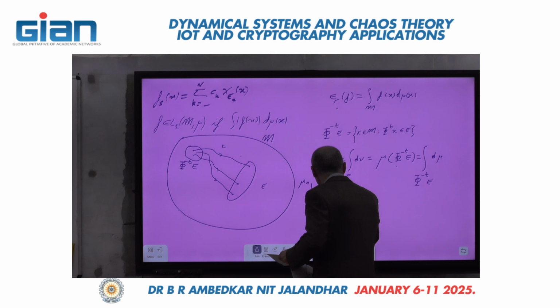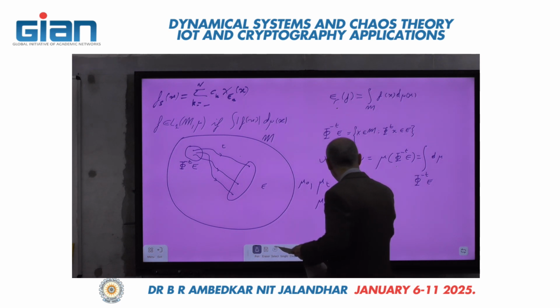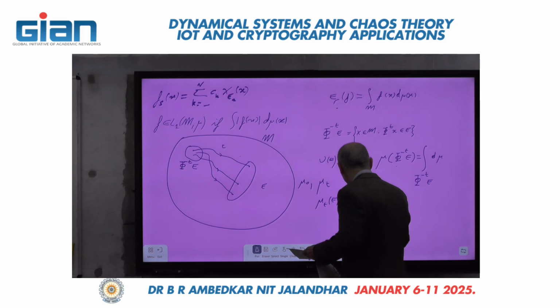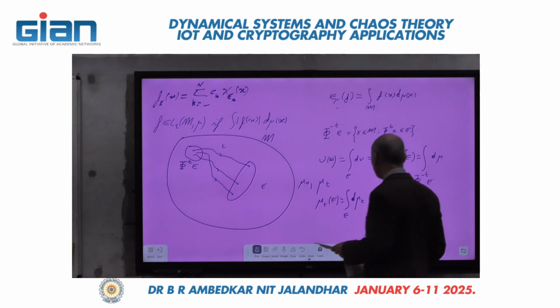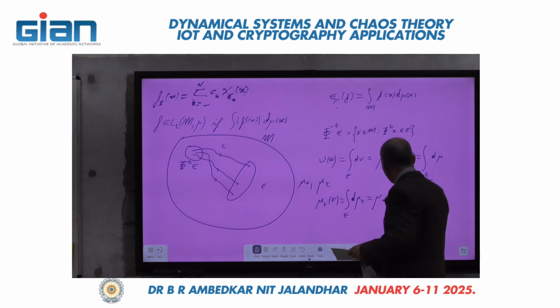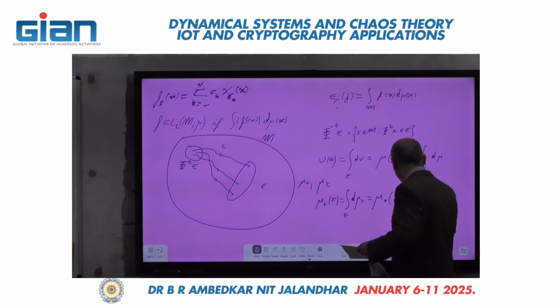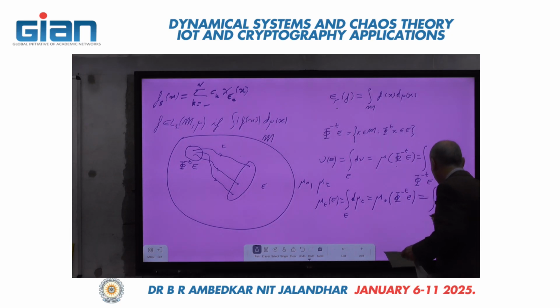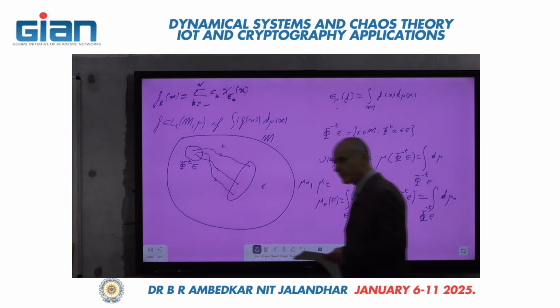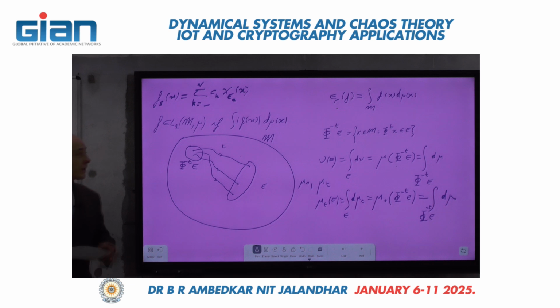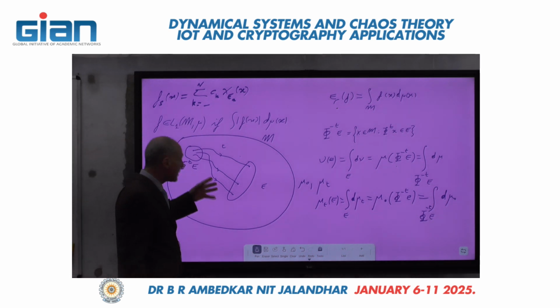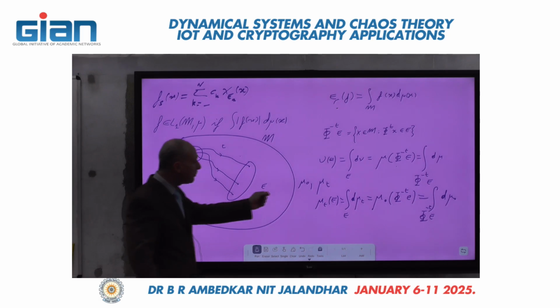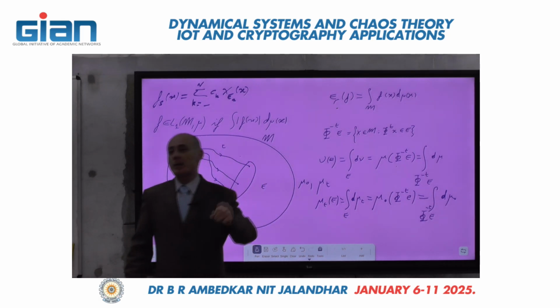I will write mu t of E equals the integral over E of d mu t, equal to mu0 of the preimage, which is the integral over the preimage phi minus t of E of d mu0. So you see, now from the dynamics that moves the points, I have obtained the evolution of probabilities.